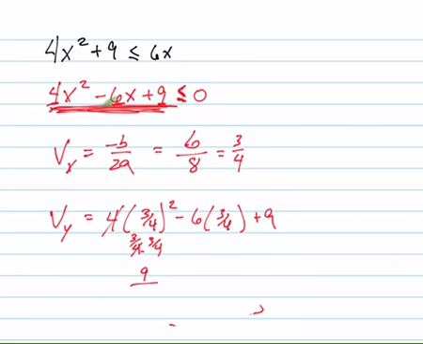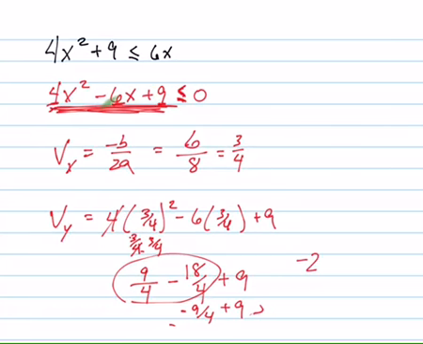So you're going to have 9/4, because 3 times 3, and then 9/4 minus 18/4 plus 9. 18/4 minus 9/4 is negative 9/4. I'm just adding those together. Plus 9. Negative 9/4 is negative 2 1/4. Plus 9. So that's 6 3/4. So my vertex is 3/4, 6 3/4.